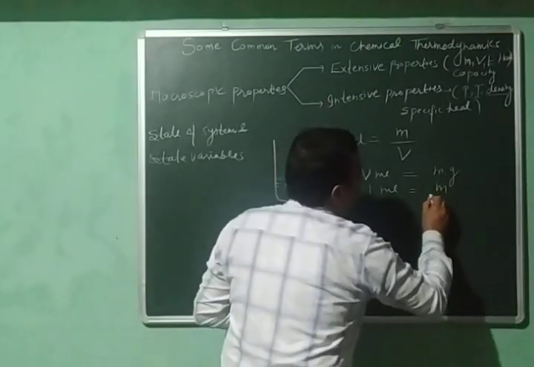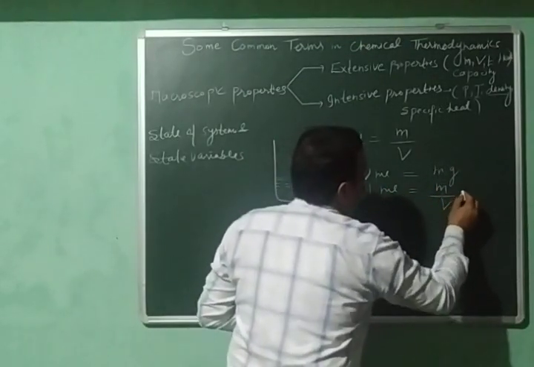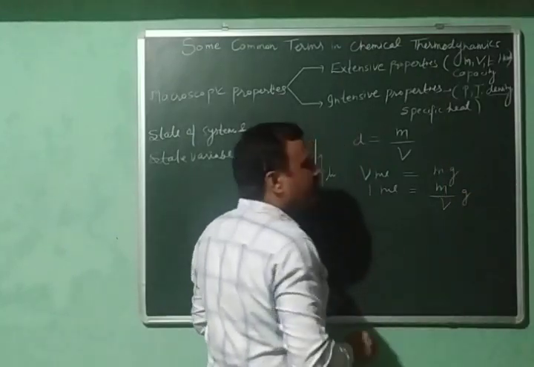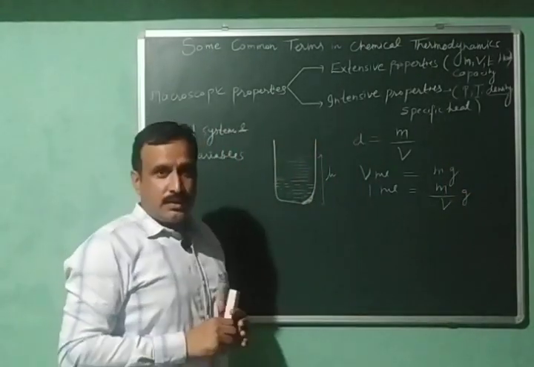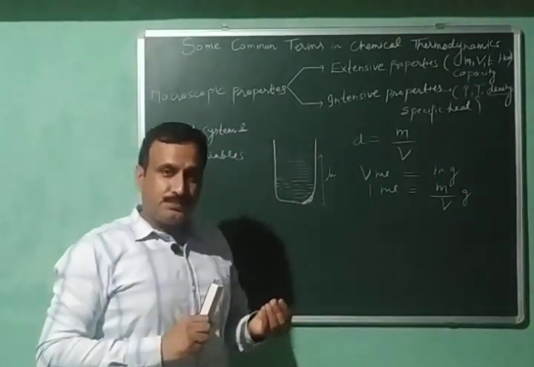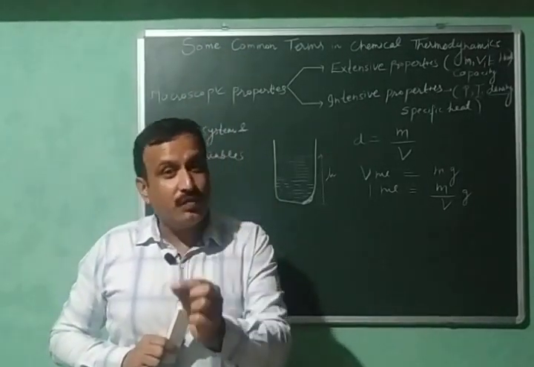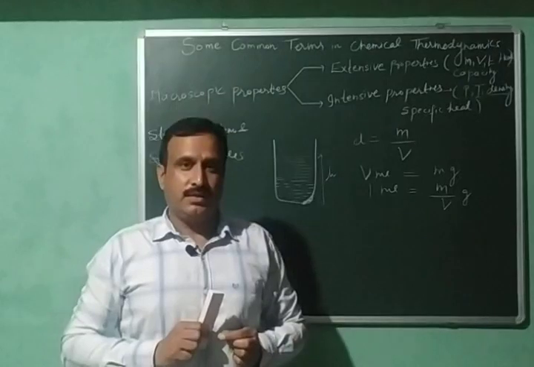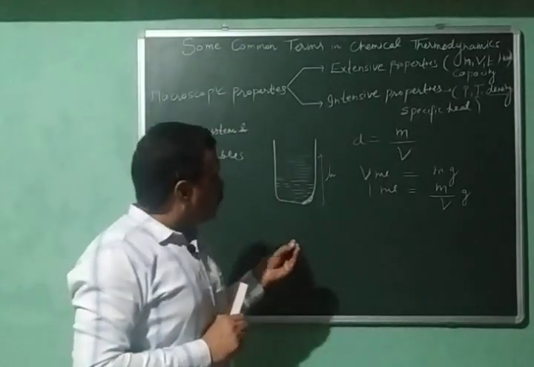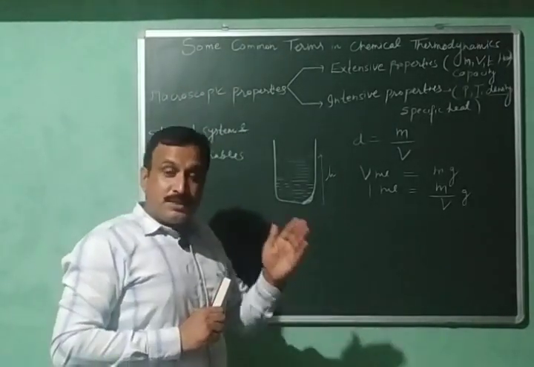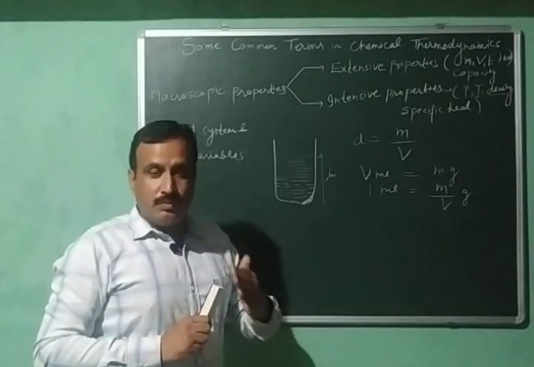The weight of 1 ml is equal to m upon V grams. So what is density? Density is the weight of 1 ml of a liquid. This is also called mass per unit volume. Unit volume means 1 ml.